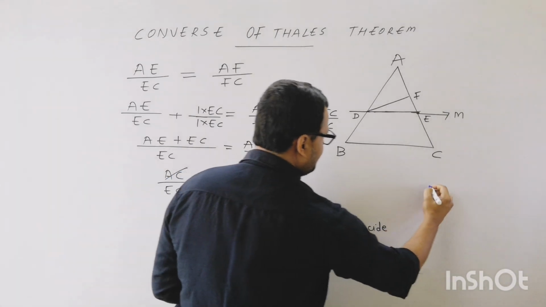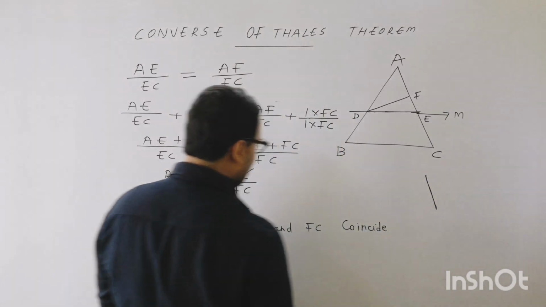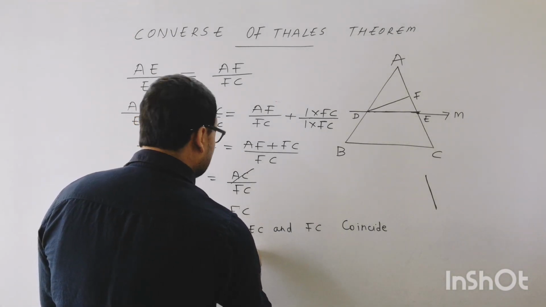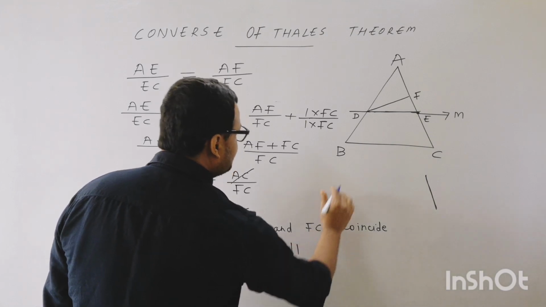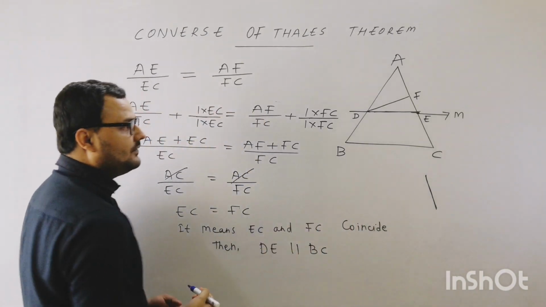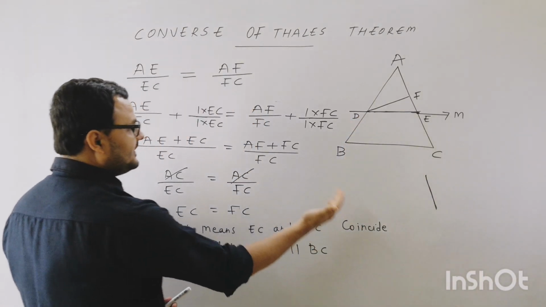Coincide means, as I told you, EC and FC will come on the same line. So then DE is parallel to BC, and in the theorem what we had to prove was that DE is parallel to BC, and we proved it.